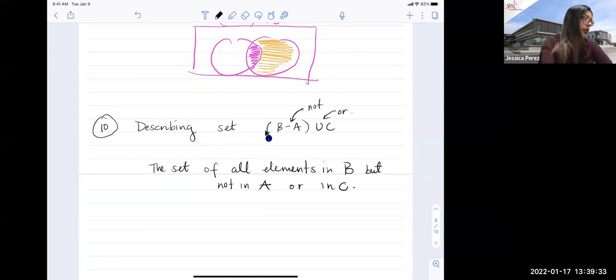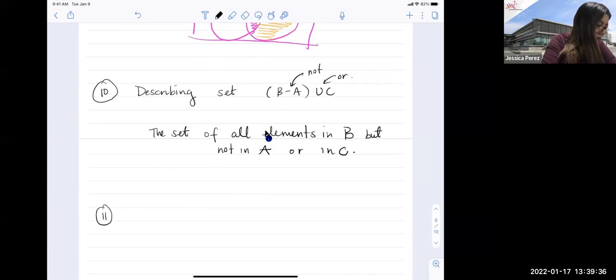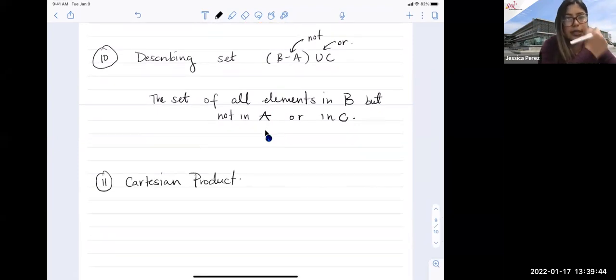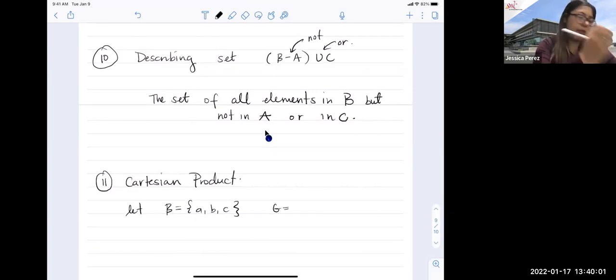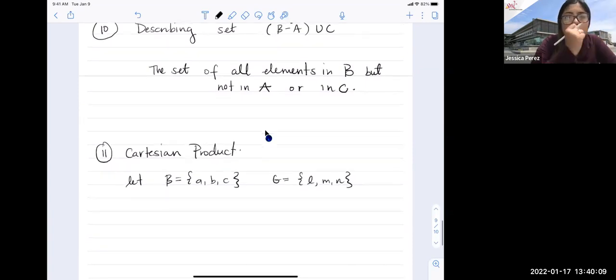Okay, so now we have Cartesian product, question 11. So how do I do a Cartesian product? What does that mean? So if I have different sets, so let set B have A, B, C, and let's say G has the set L, M, N. And what you're trying to do is an ordered pair.